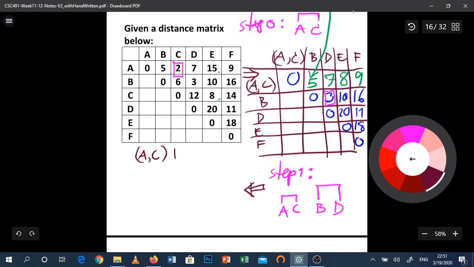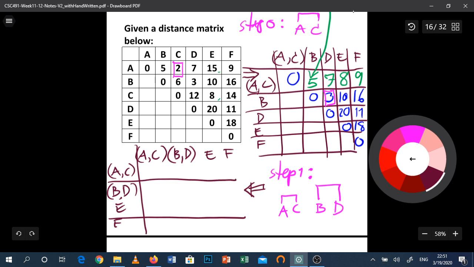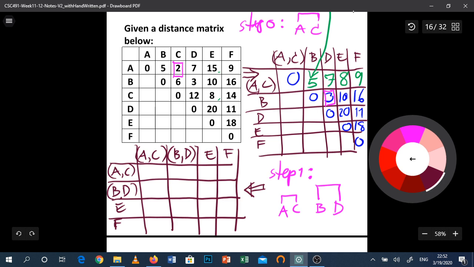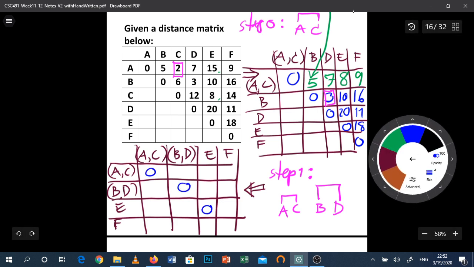AC, BD, and EF. Similarly, on the vertical, AC, BD, E, and F. Again, the vertical always 0 to itself.